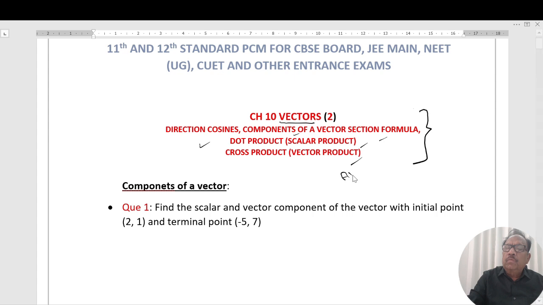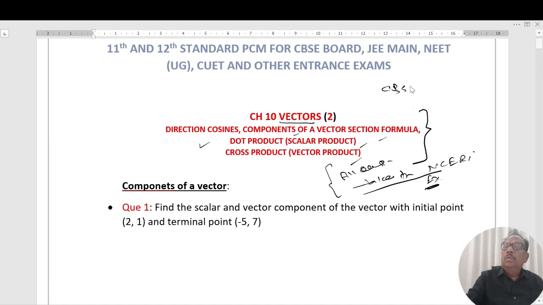All questions are taken from NCERT exercises. This is exclusive for CBSE board and state boards, right? Now let's start the questions.